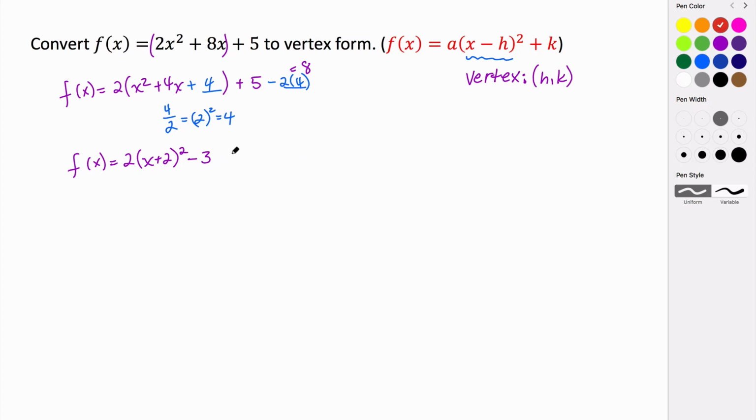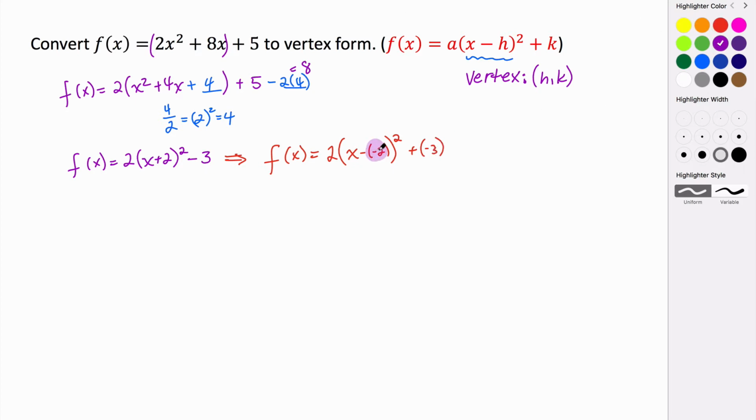If we think about this in vertex form, what this is saying is f of x equals 2, which is our value of a, and then it's x minus a negative 2. So this negative 2 is our value of h, plus a negative 3, and this negative 3 is our value of k.